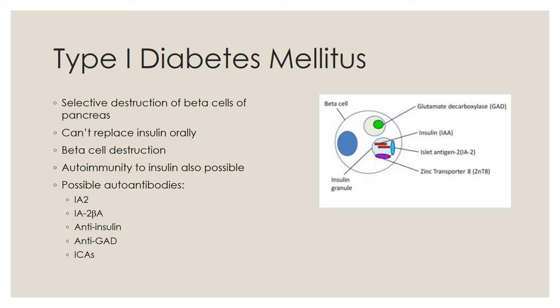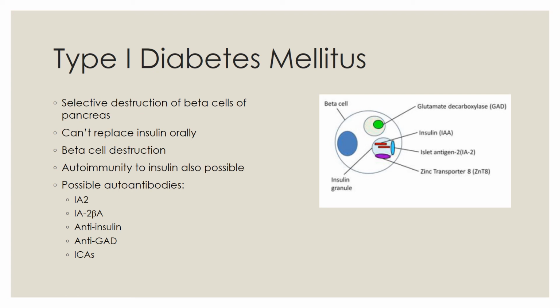Then we have diabetes mellitus. Type 1 diabetes mellitus can be the result of an autoimmune disorder. There are different causes to the loss of beta cells; you might be born without them.